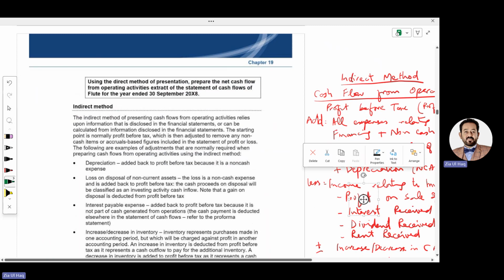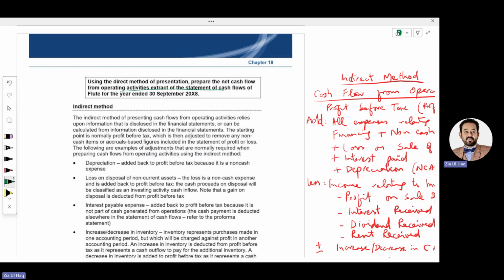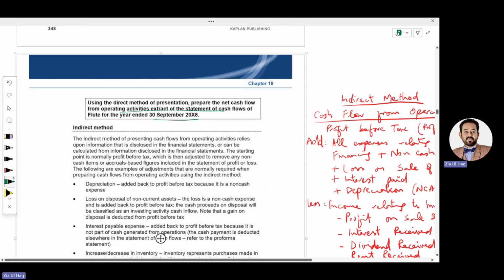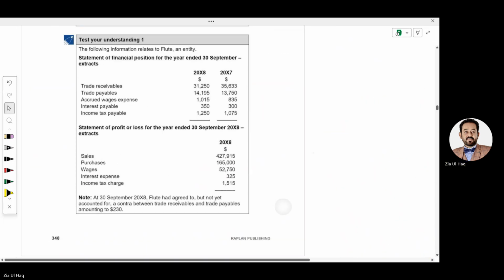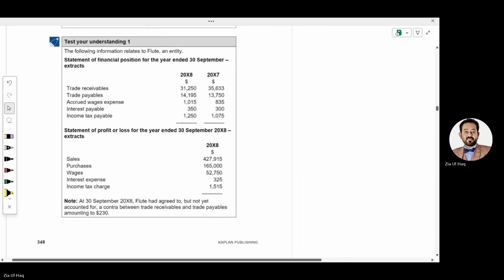Using the direct method of presentation, prepare a net cash flow from operating activities for the year ending 30th September 2028. These are the information. We are having opening and closing balance of receivables, payables, accrued wages, and interest payable.